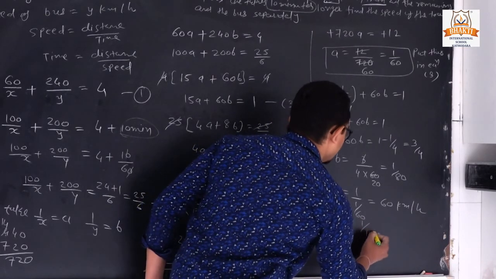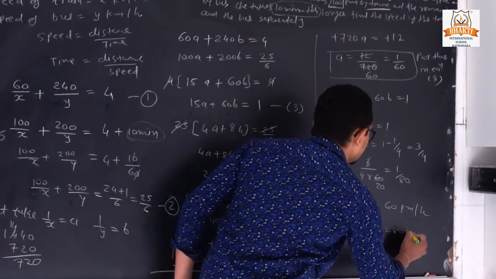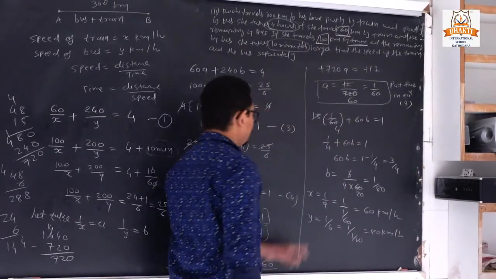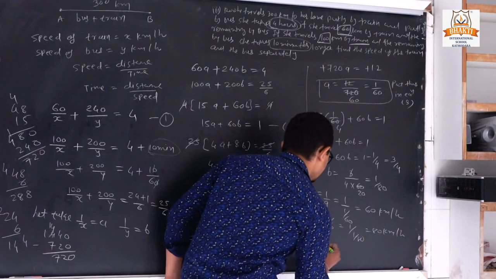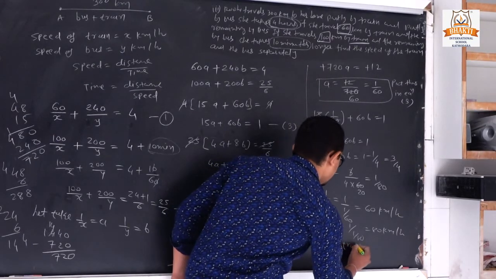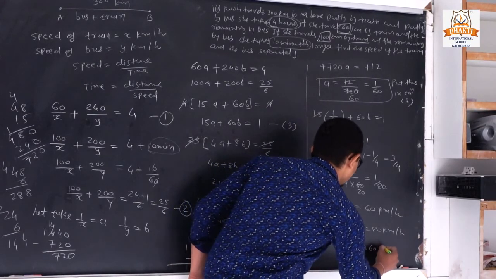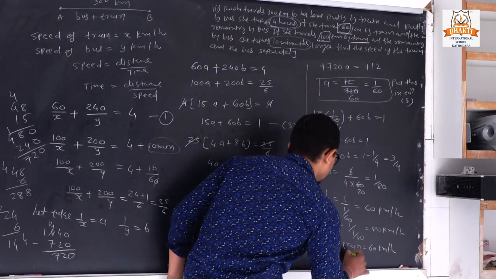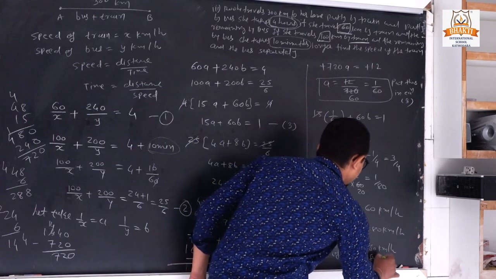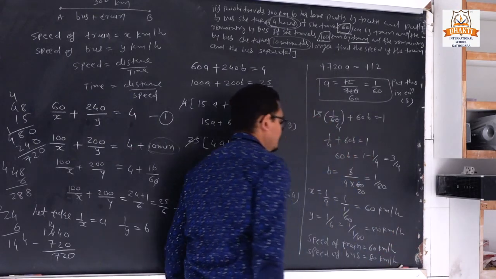So 1 upon 1 upon 80. So it is 80 kilometer per hour. So it means what? What is our x? Speed of train. So we can write speed of train is equal to 60 kilometer per hour and speed of bus is equal to 80 kilometer per hour. So it is our answer.